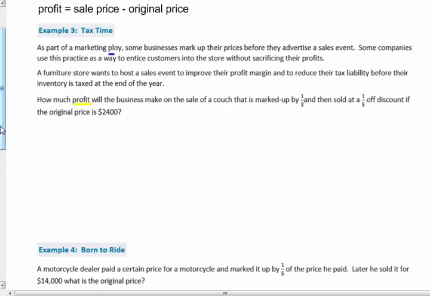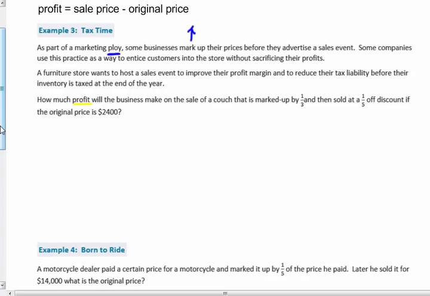As part of a marketing ploy, some businesses mark up their prices before they advertise a sale. So they increase their price in the store like the day before. Then they say tomorrow everything's going to be 25% off. But they really increased it already, so you're not really saving a lot of money.